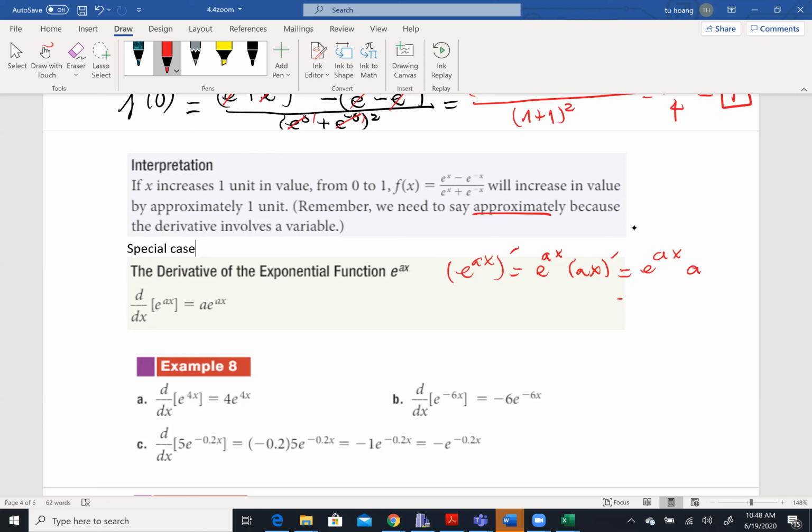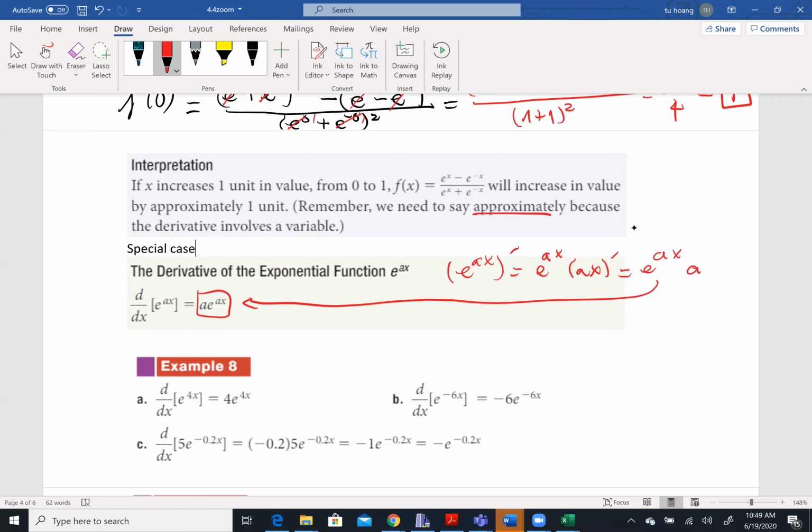So you can right away come to this. In short, if you're taking a derivative of a natural exponential function with the power as a constant multiplied with an x, then you just have the constant multiplied with the natural exponential function. Okay.